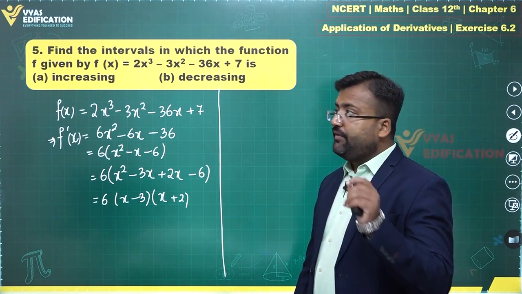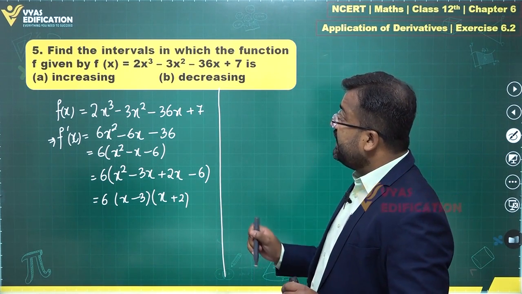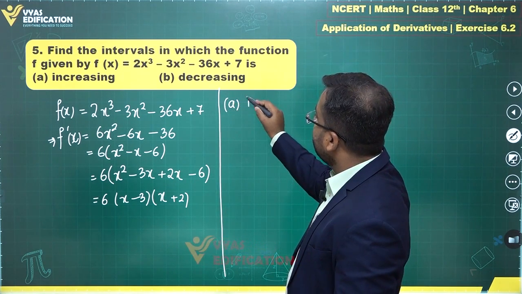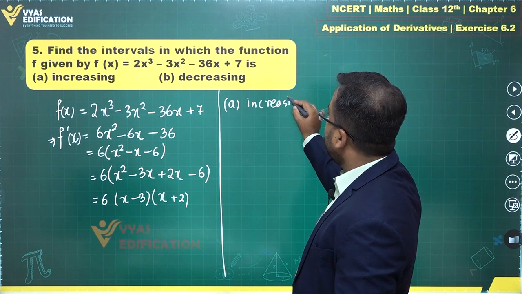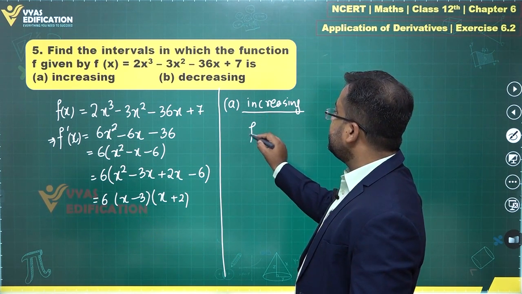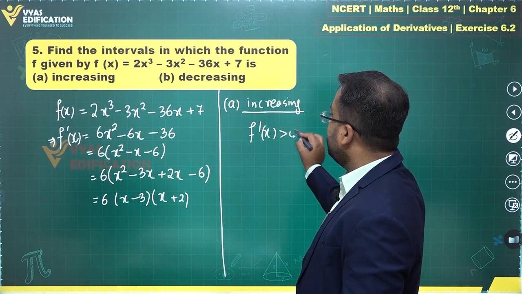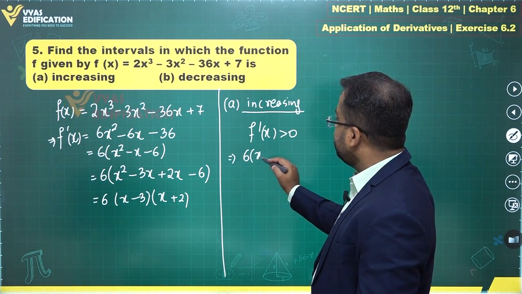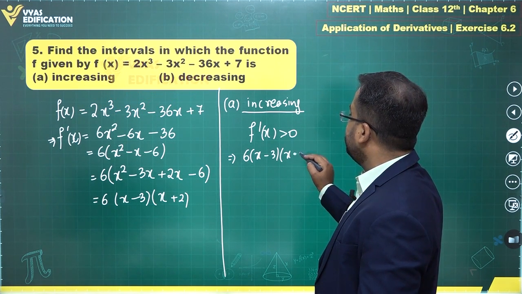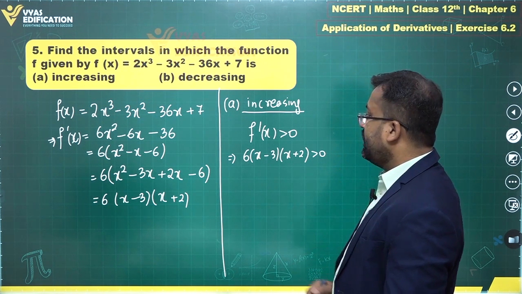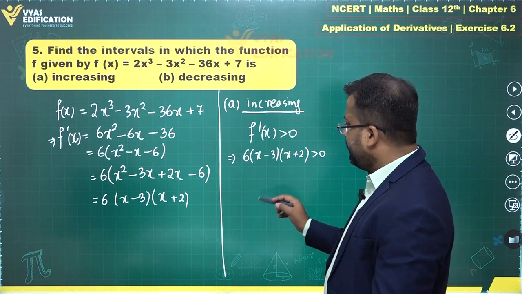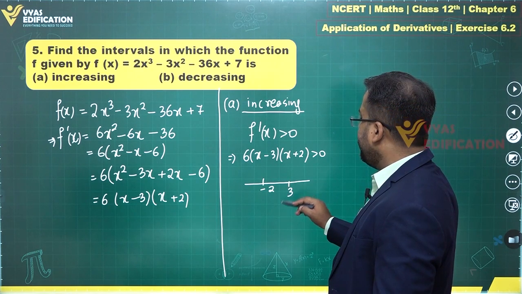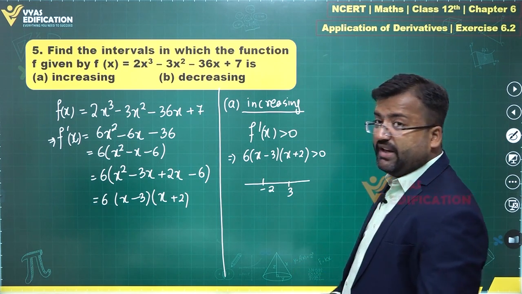Now, when we want to analyze in which intervals the function f(x) is increasing, let's talk about this. For increasing, this is the first part, right? So for increasing, f prime x should be greater than 0. And this implies that 6 times (x minus 3)(x plus 2) should be greater than 0. You can apply the concept of the wavy curve, and on the basis of this you can comment that the critical points are minus 2 and 3.